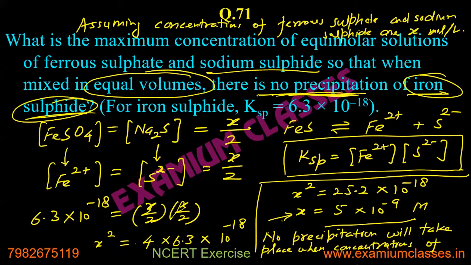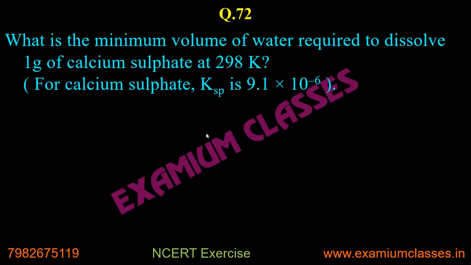It should be 5.01 something, 5.01 into 10 to the power minus 9. Is the concept clear? Okay, 5.02, that's fine. Good. Yes, Devansh. So if the value of x is greater than this one, the ionic product will be greater than Ksp and precipitation will take place, so it should be less than or equal to this amount.